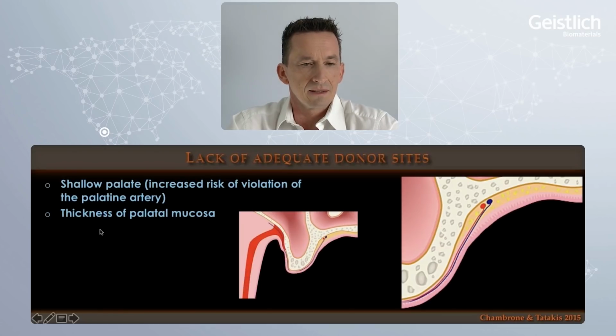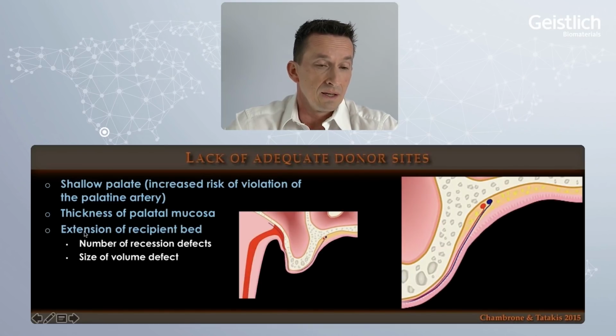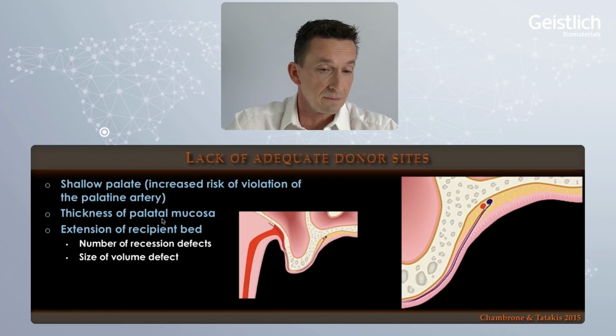The thickest palatal mucosa is approximately 17 millimeters, but we have to leave some tissue to cover the donor site. The extension of the recipient bed is limited.